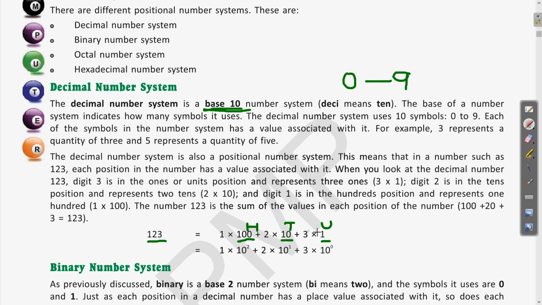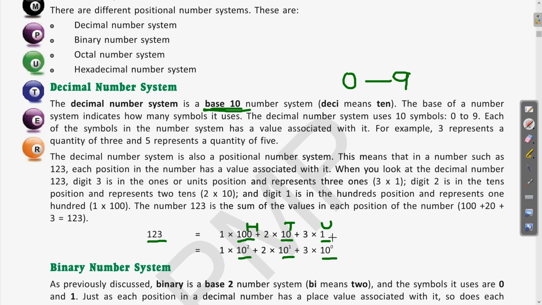After that, this unit, 10 and 100 is expressed in the form of powers of 10. Why powers of 10? Because we are going to denote this in terms of its base. So the base here is 10, and each of these is denoted with an increasing power.